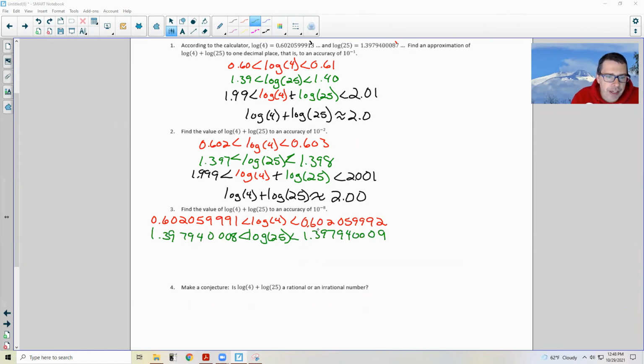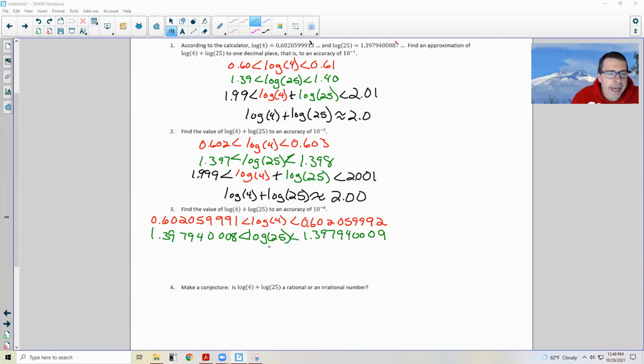Okay, so I fixed this. I had put the wrong upper bound for log 4. I did the log of 25, so I moved that down. So we're going to take the log of 4 is between 0.602059991 and 0.602059992. Okay, so it's between those two. And then a log of 25 going out to 8 and then rounding up to 9 on this side.